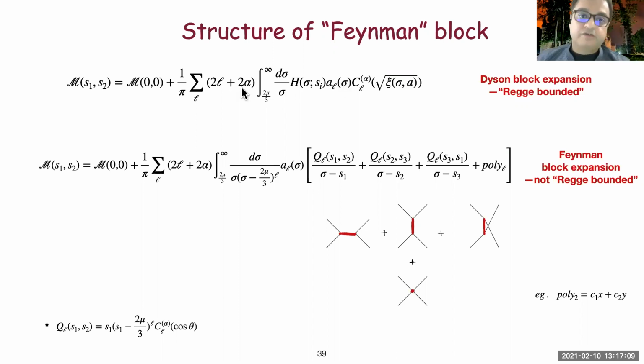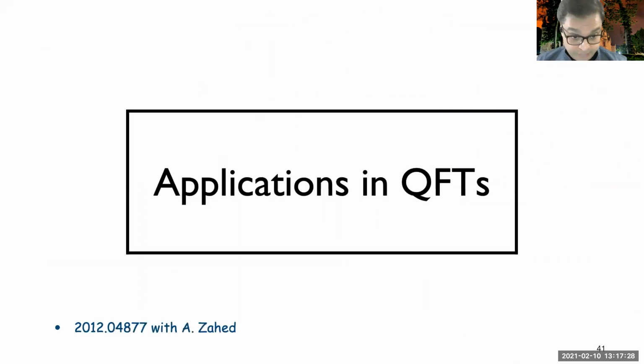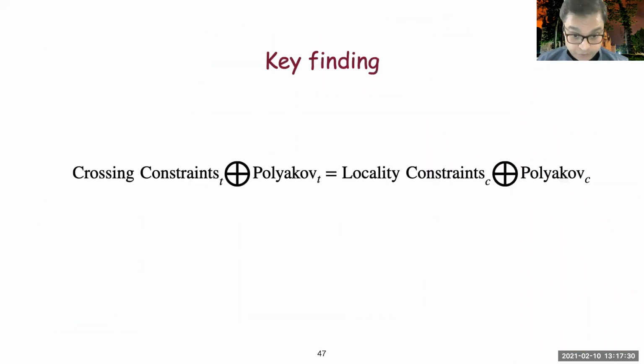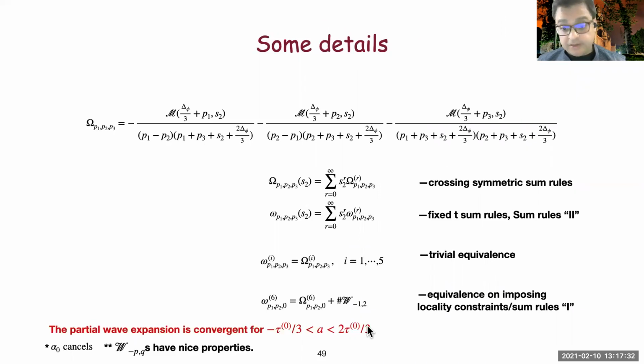Yeah, so the convergence statement is the following. There is a slick argument and there is a more detailed argument. The slick argument is the following: if we start with the first line, then I know that this conformal partial wave expansion converges if this A satisfies this condition.